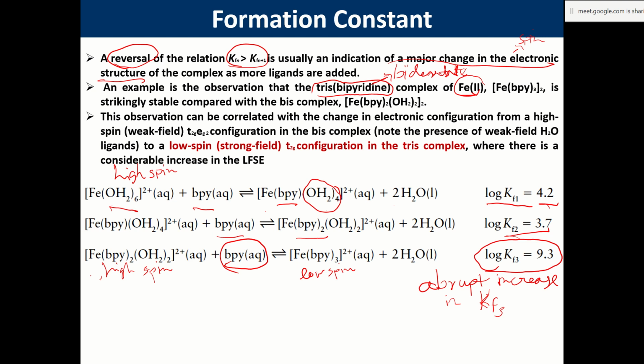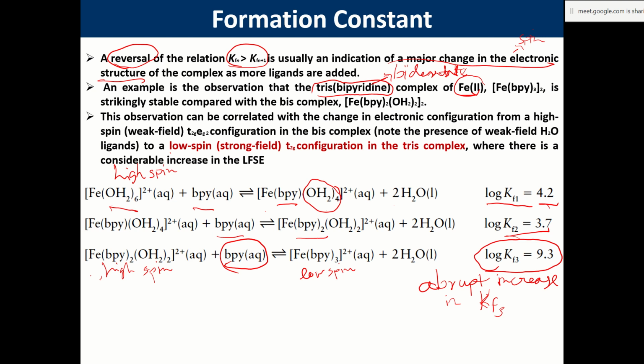Here it is to be noted that there is a change from the T2G EG configuration. It undergoes a change in this complex, from a high spin to a low spin structure.